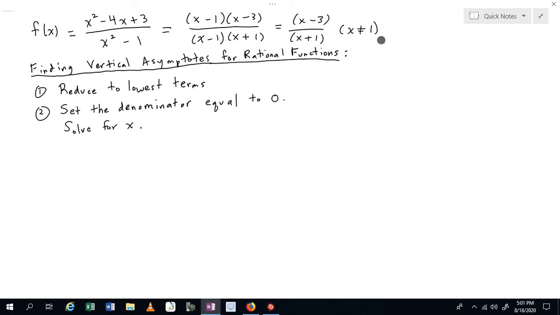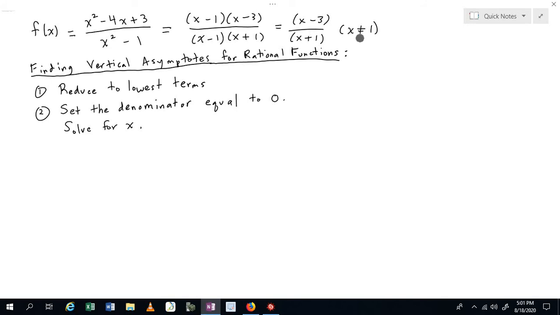X cannot be 1. And if you include that, then these two are actually equal for all x values except when x is 1. When x is 1, you get undefined in both cases. Well, you implicitly get undefined over here, because you'll get 0 over 0.